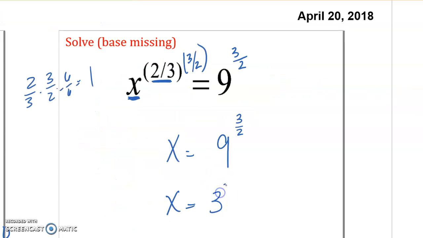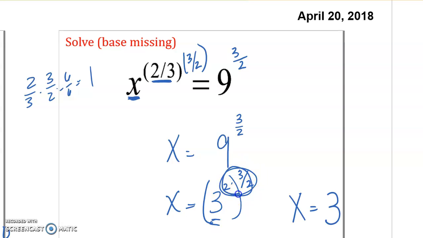So I'm going to write it as 3 squared raised to the 3 over 2, which is okay because the exponents here are going to be multiplied. Now, just be careful though, because this 3 is not going away in this problem. There's still a big 3. I'm multiplying these together.